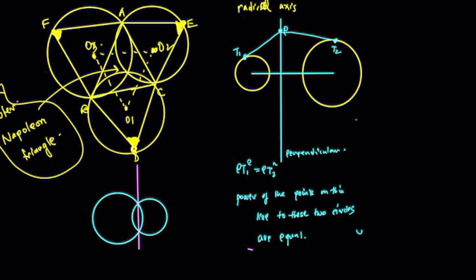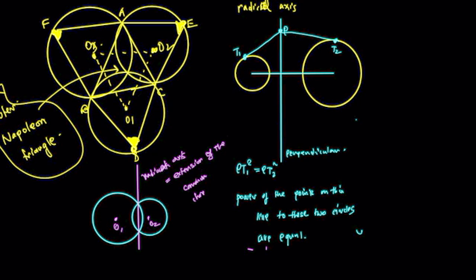So this is O1, this is O2. So this is the radical axis, which is the extension of the common chord.